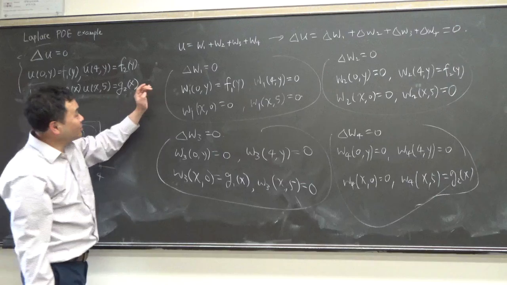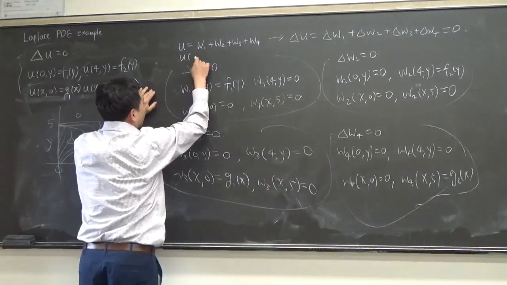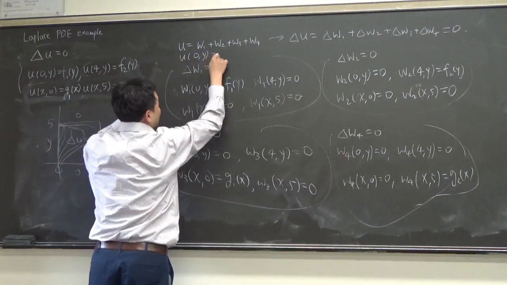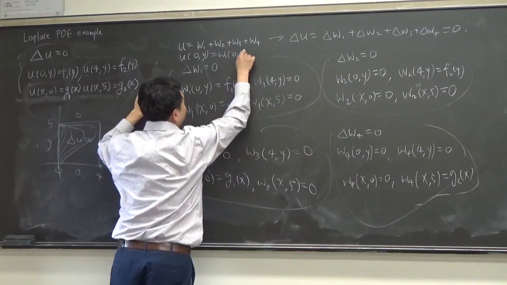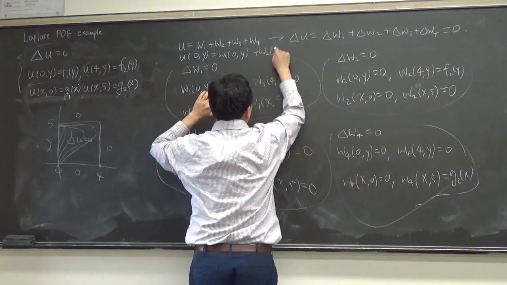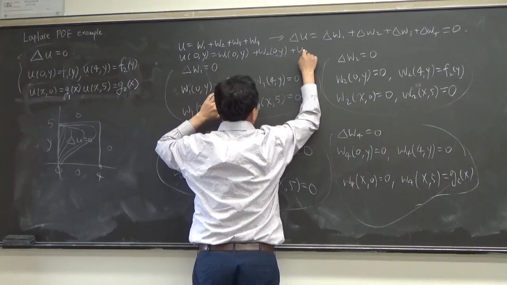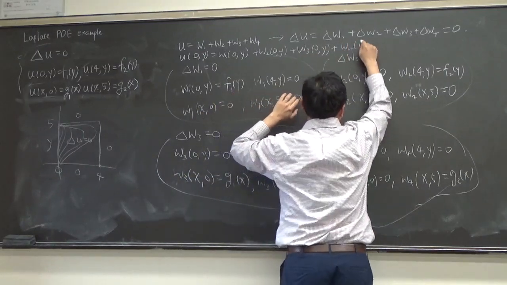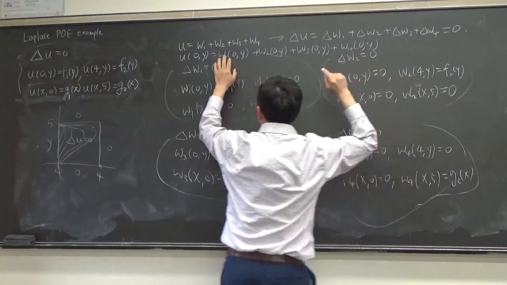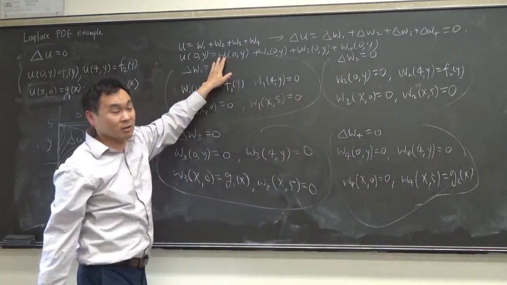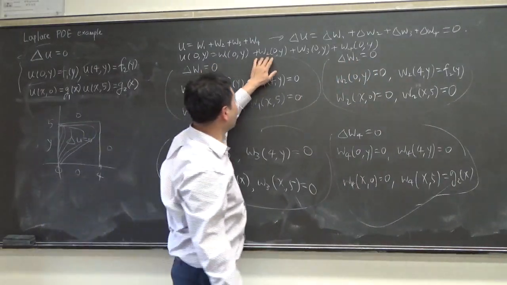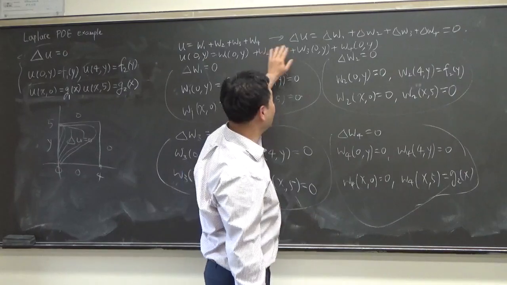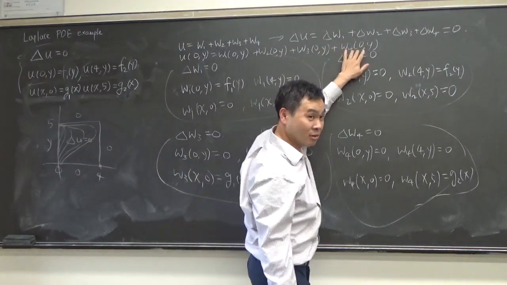And then imagine what u of (0, y) would be. This would be w1 of (0, y) plus w2 of (0, y) plus w3 of (0, y) plus w4 of (0, y). What's w1 of (0, y)? F1 of y. What's w2 of (0, y)? 0. 0, 0.